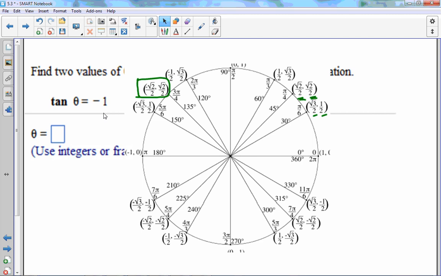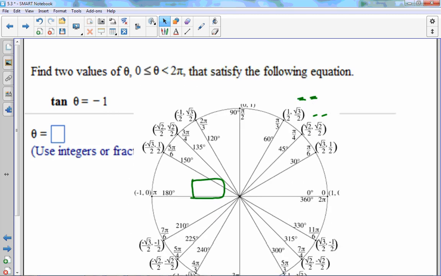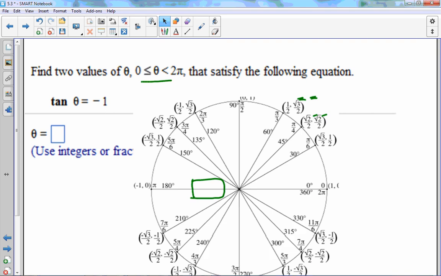Now, which one do we put? That's kind of a trick question. Look at the directions. The directions give it away. So you have to put it in radians. So that would be 3 pi over 4. A lot of times it's a couple of answers.